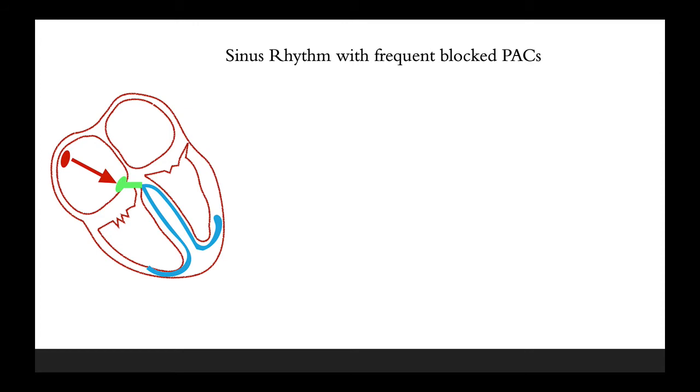There's a condition known as sinus rhythm with frequently blocked PACs. Now, it might not be a very common condition, but it's something that you have to keep an eye out for because it closely resembles sinus bradycardia. So what happens here is that the PACs, premature atrial complexes, are generated just after a sinus rhythm.